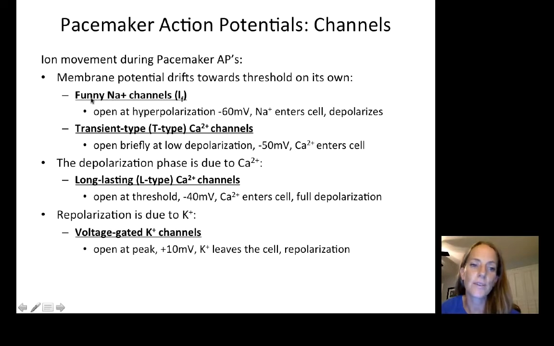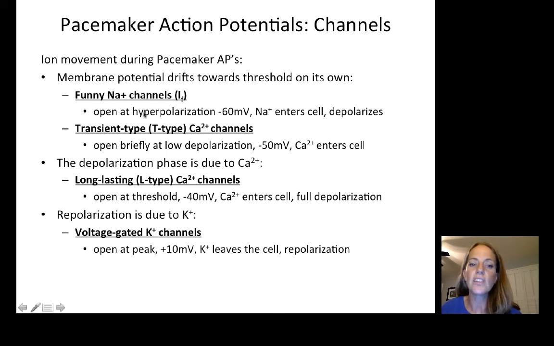When the researchers first discovered these, they just thought they were weird, so they called them funny. They're sodium channels, abbreviated as IF. These funny channels are spontaneously open at negative 60 millivolts. So when the cell hits this minus 60 millivolt, these funny channels open.